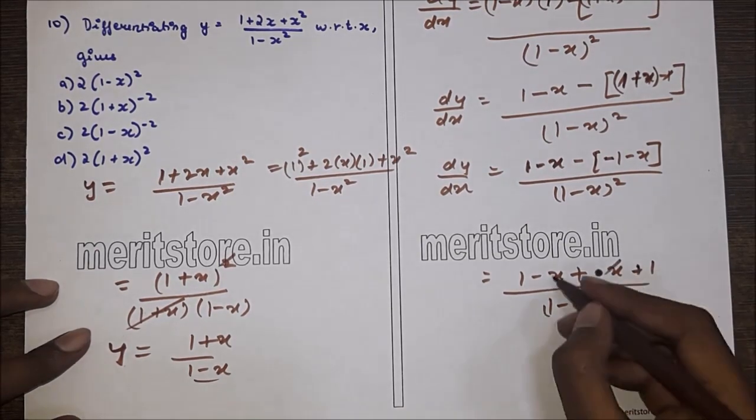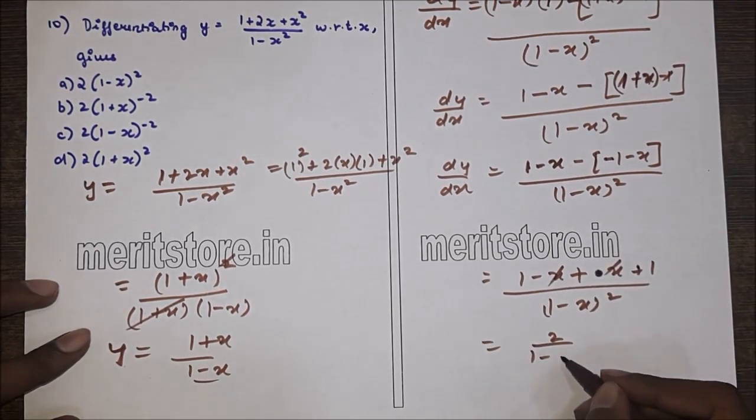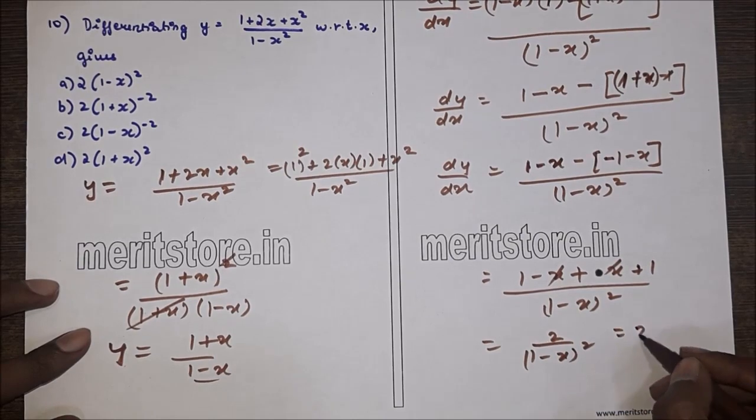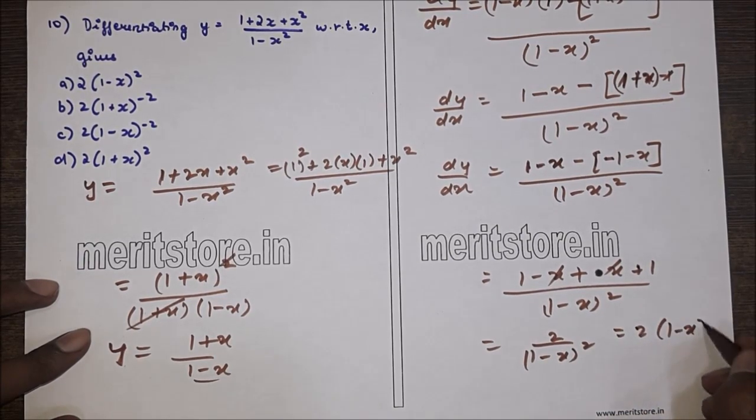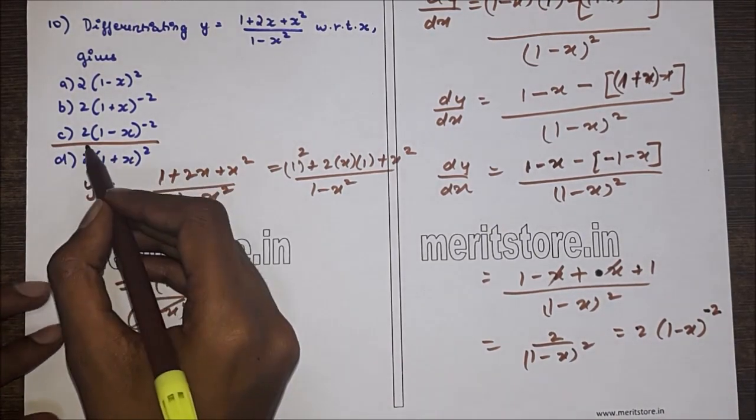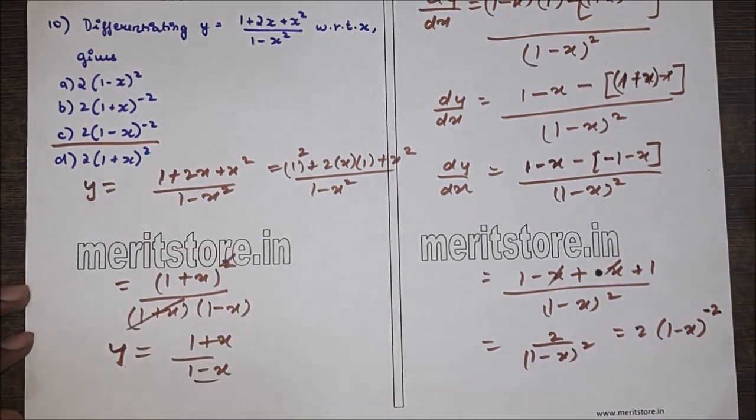So x gets cancelled. We are left with 2 upon 1 minus x the whole square, that is 2 times 1 minus x raised to minus 2, which is option C, 2 into 1 minus x raised to minus 2.